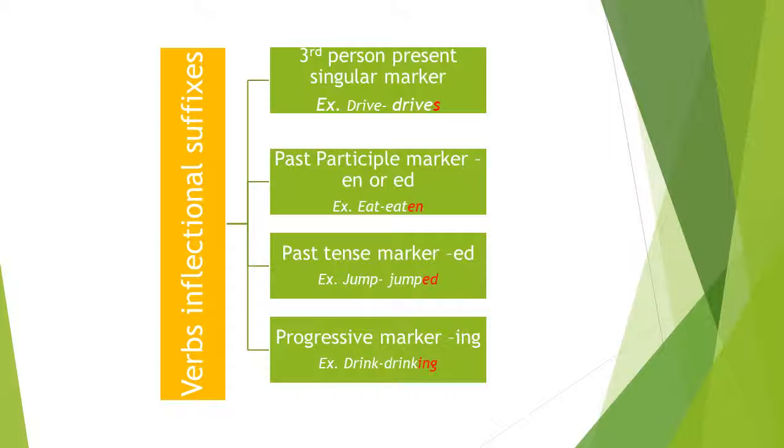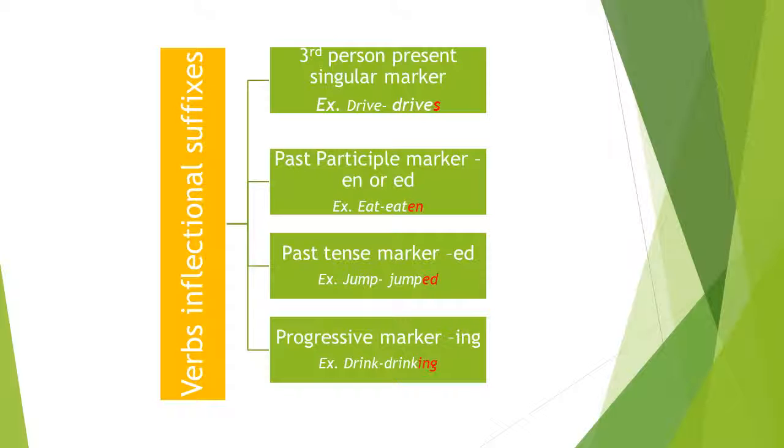Other verb inflectional suffixes are the ed and the ing. The ed is for the past tense marker. An example is the verb jump. You add the ed suffix and it's jumped. Then the last example is the progressive marker with the ing.